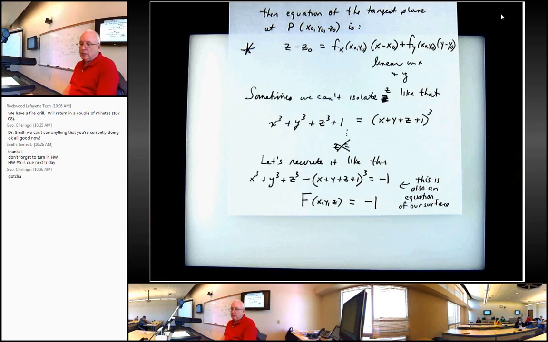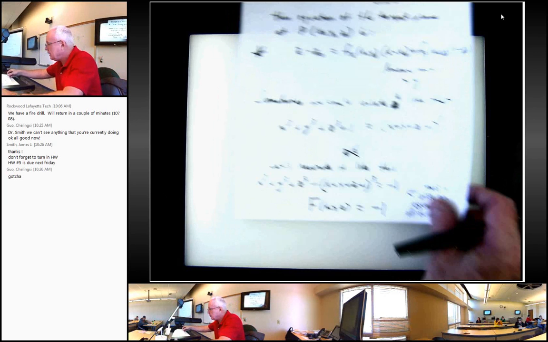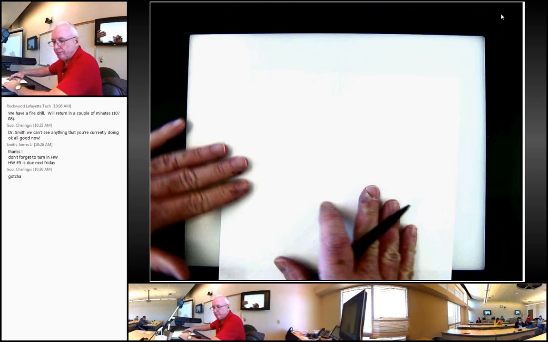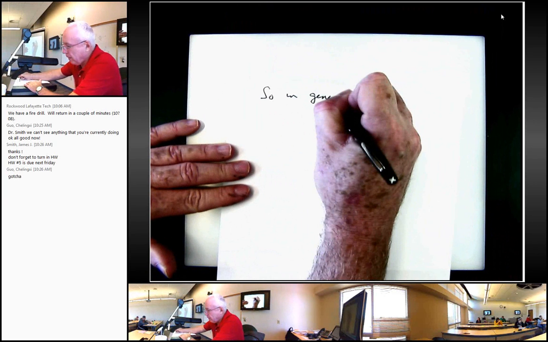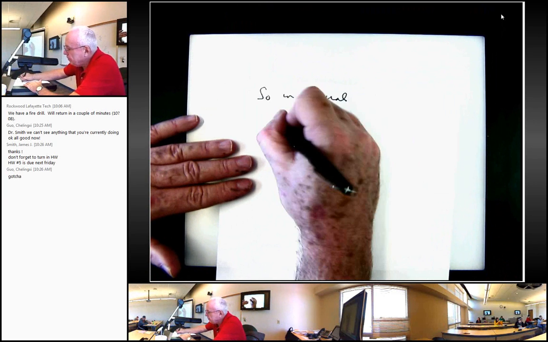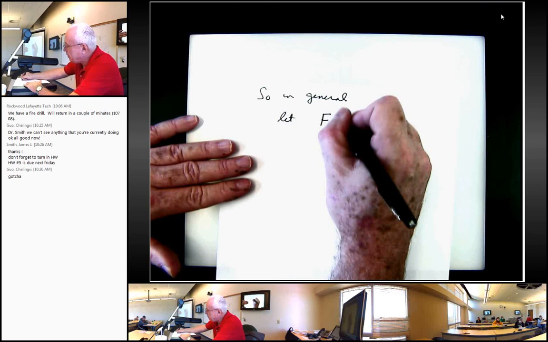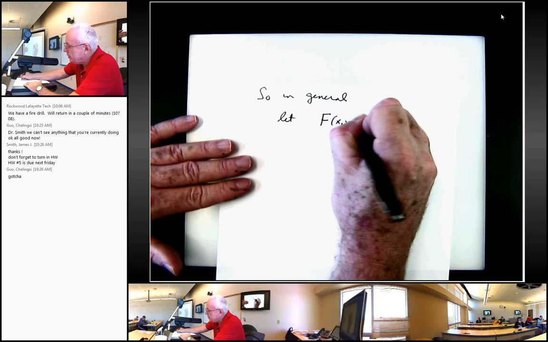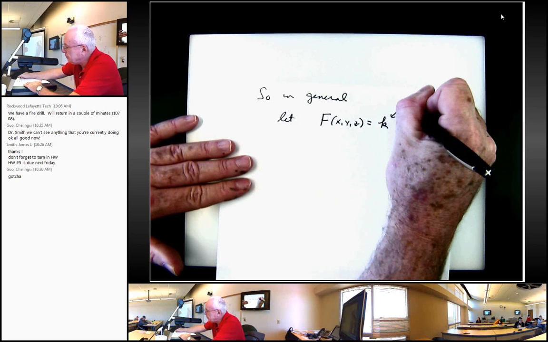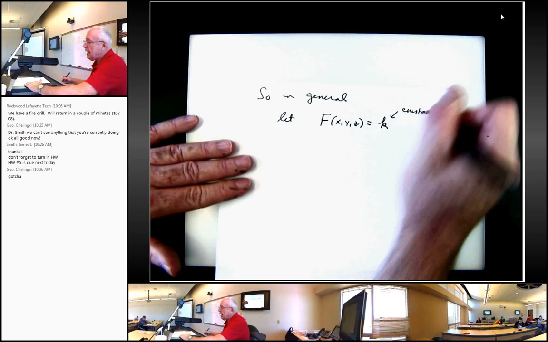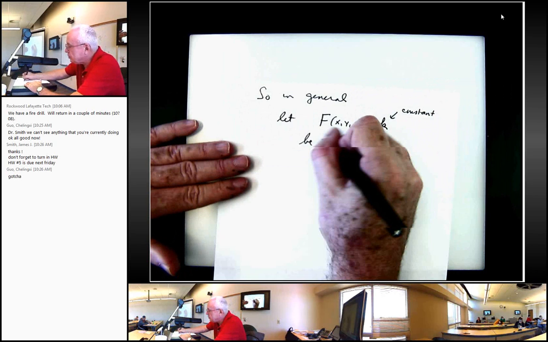Okay. So, what we're going to look at here is, in general, let some capital F of the variables x, y, and z equal some constant k, constant. And let this be the equation of our surface.